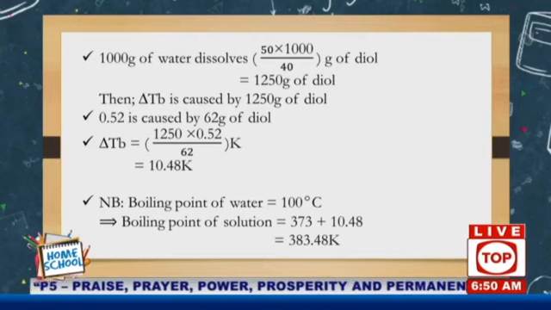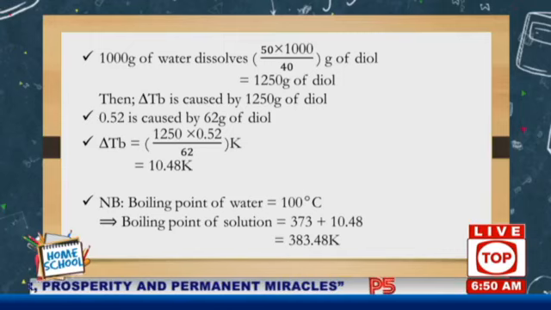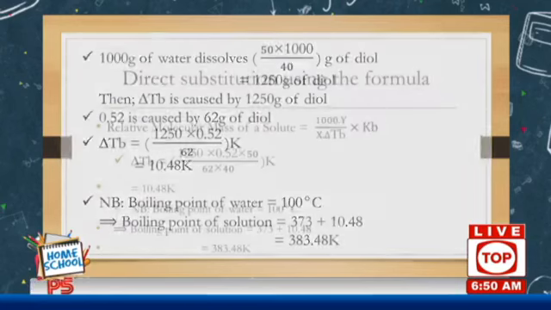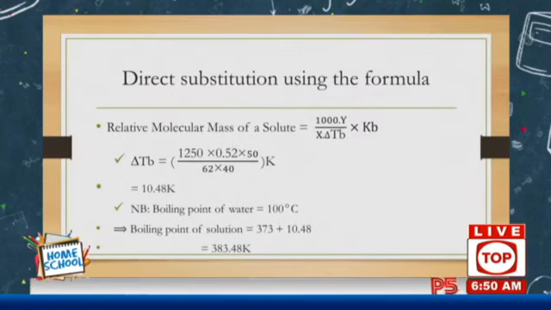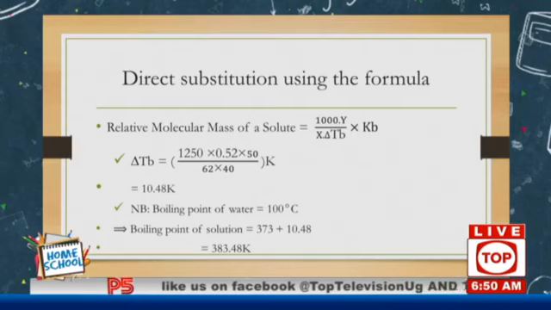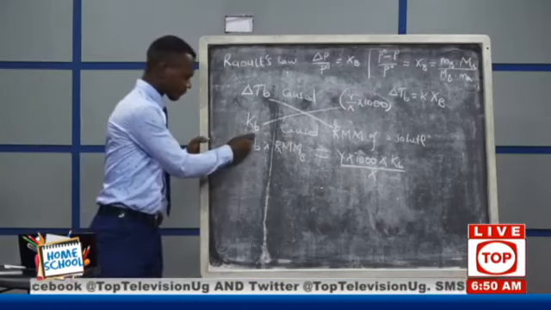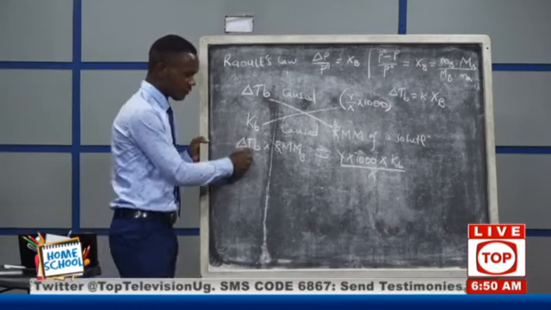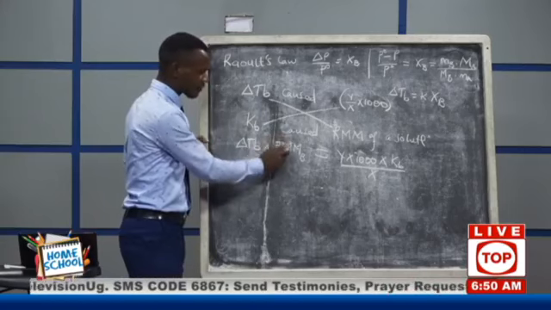On our next slide, we are going to see what you get when you use the formula directly, without going through the first principles. Those are the first principles that we have been looking at. But if you use this formula, look at it here on the blackboard: the boiling point elevation times the relative molecular mass of the solute.